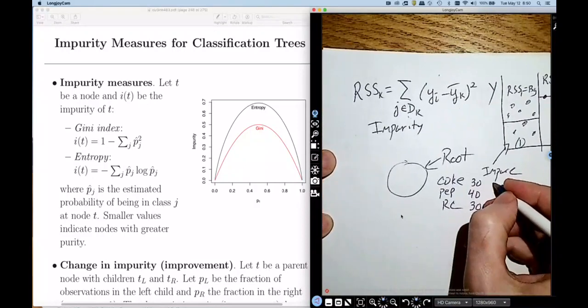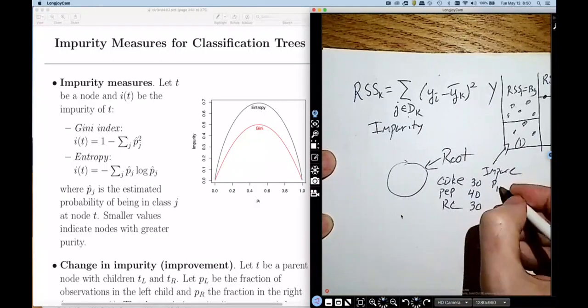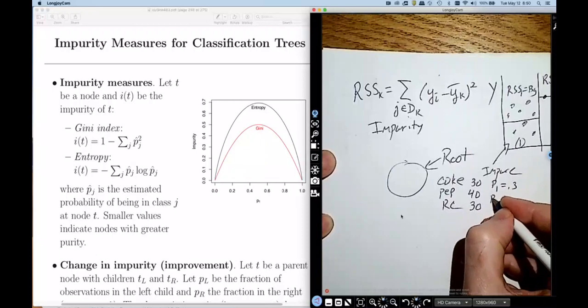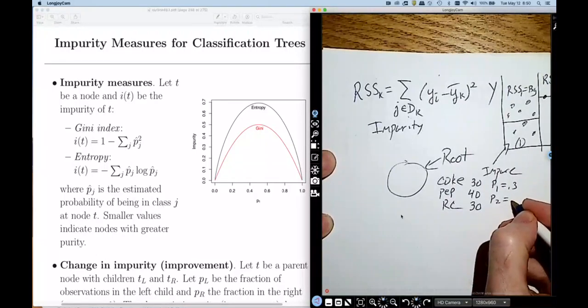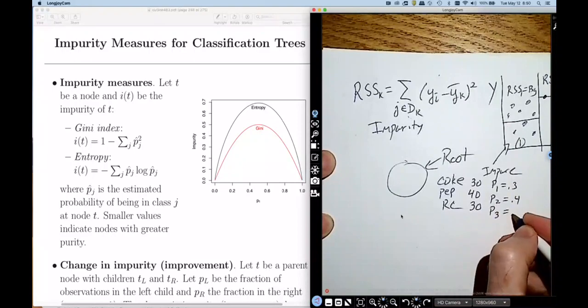Then p1 is the proportion of people in this node who like Coke, which would be 0.3. p2 is the proportion of people who like Pepsi, which would be 0.4. And p3 is the proportion of people who like RC, which would also be 0.3.